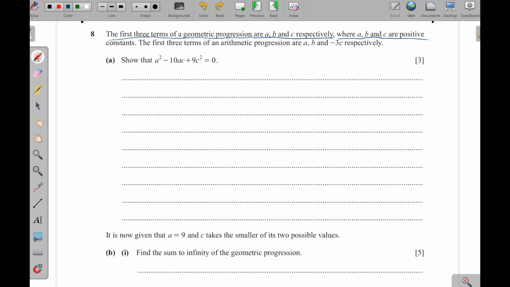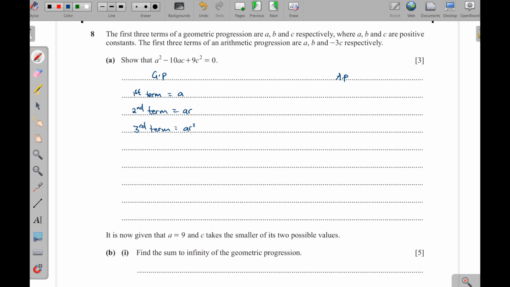Okay, now for the GP, we have the first term. If for the first term you have A, then the second term is AR, and the third term is AR squared.